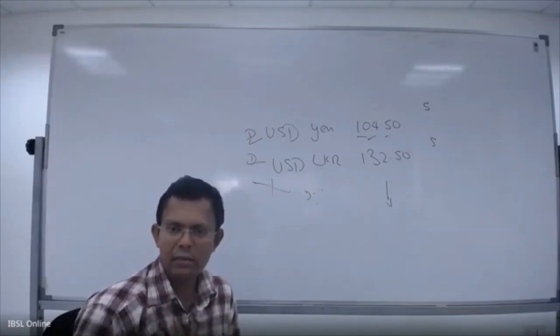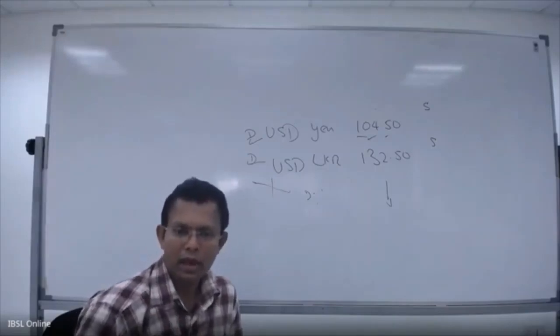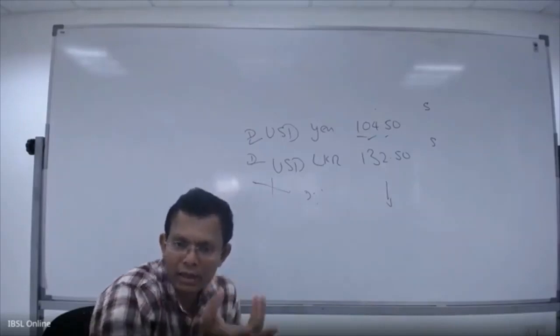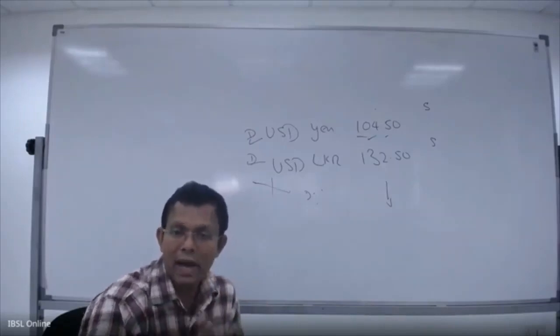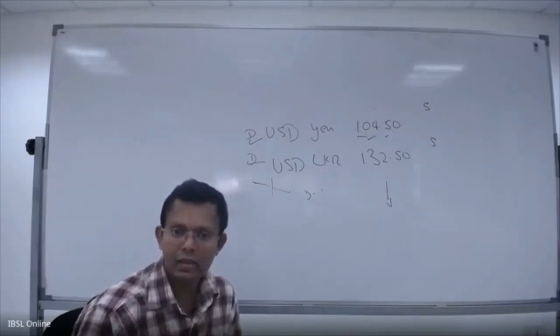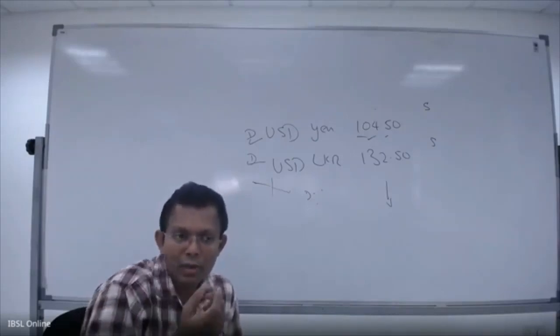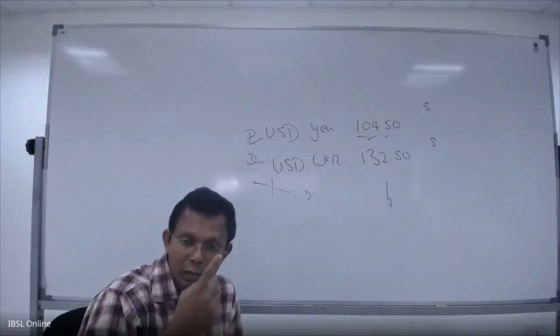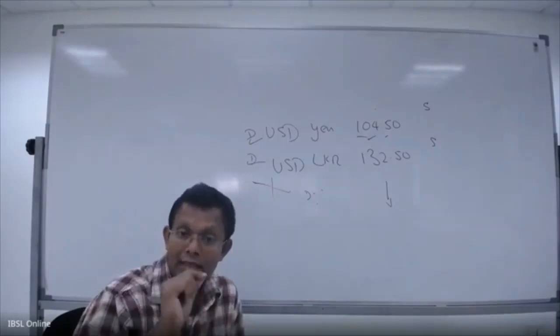So say I'm the importer. I'm importing goods from India. I need dollars, so I'm asking from your bank. So the bank sells. I am demanding, I need, so I am the buyer. So the bank sells dollars.